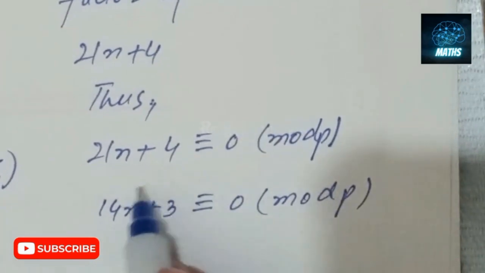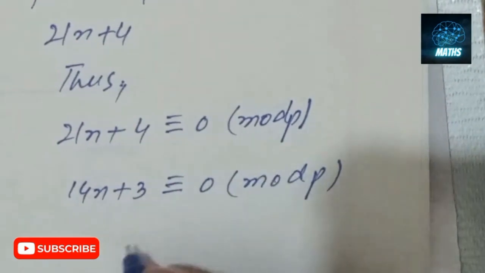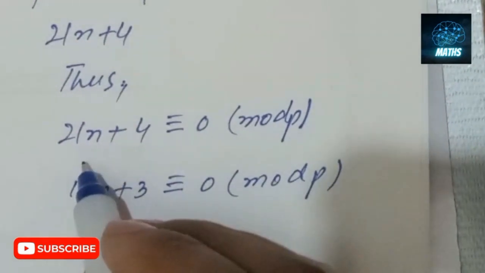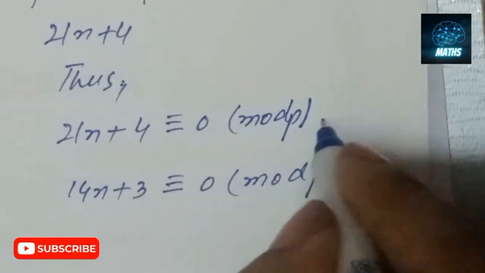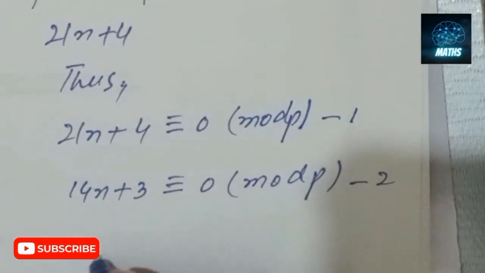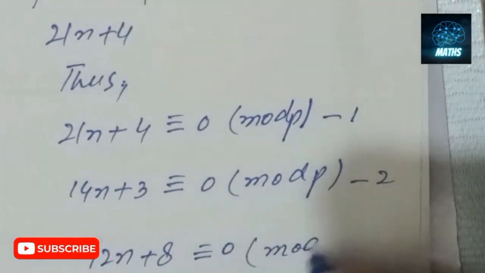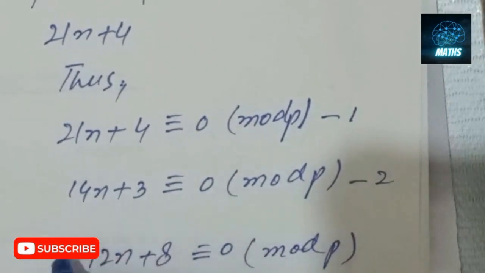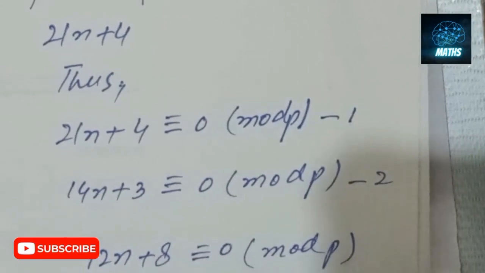Now if I multiply an equation by any number, here I'm going to multiply equation 1 by 2, it will be 42n + 8 is congruent to 0 mod p. And if I multiply equation 2 by 3, it will be 42n + 9 is congruent to 0 mod p.